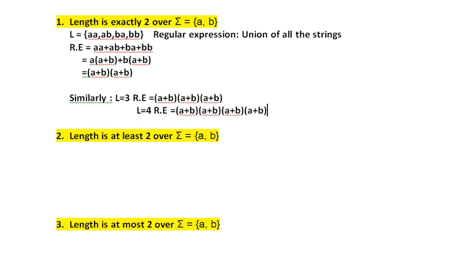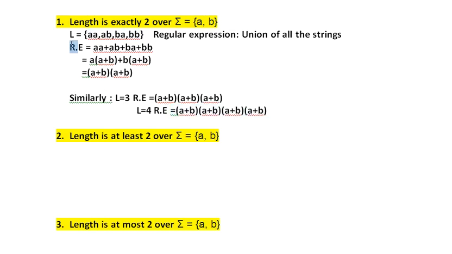Clear? So length equals 5, and in this way you can proceed. The maximum length asked in your questions will be 4, not more than that. So till 4 you can find the strings, and if you merge those, then definitely the answer will be of this format.